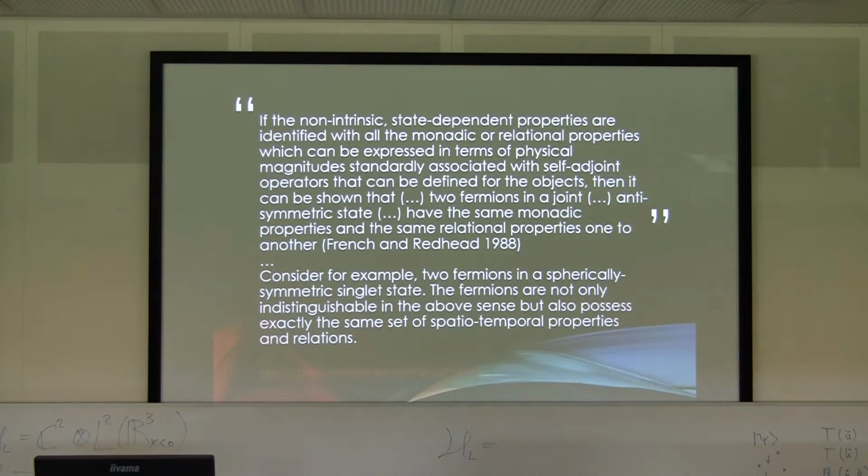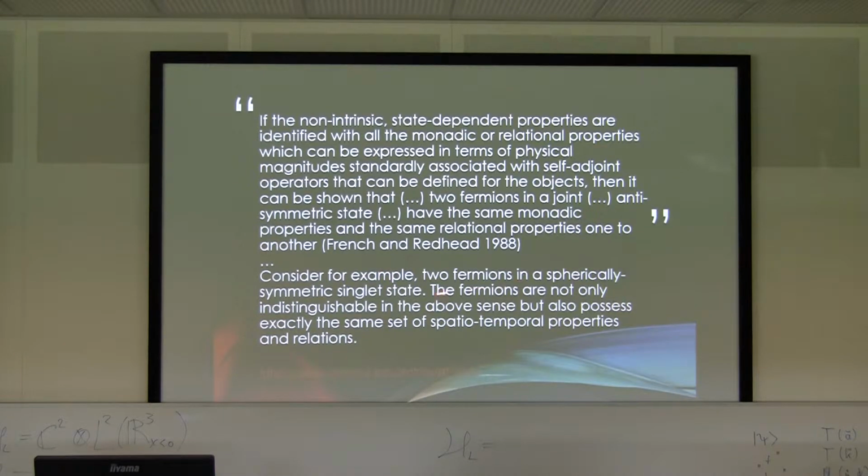On the other hand, when we read Stephen's Stanford Encyclopedia entry, we find things like this: if the non-intrinsic state-dependent properties are identified with monadic or relational properties, which can be expressed in terms of physical magnitudes standardly associated with self-adjoint operators that can be defined for the objects, then it can be shown that 2 fermions in a joint antisymmetric state have the same monadic properties and the same relational properties to one another.